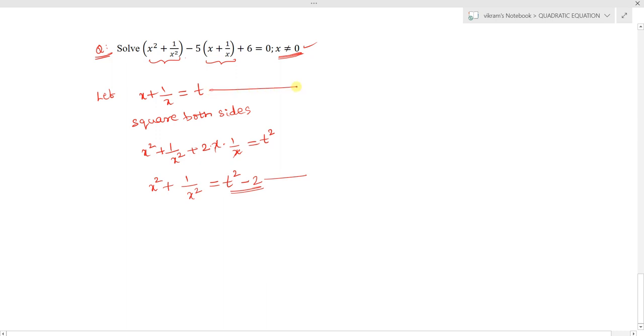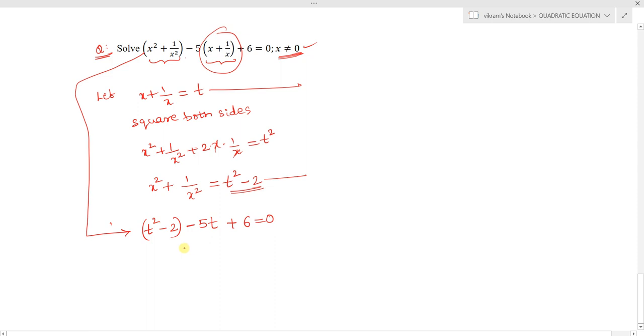Substitute these in the given equation. Then x square plus 1 by x square becomes t square minus 2, minus 5 into x plus 1 by x, which is simply t, plus 6 equals 0.